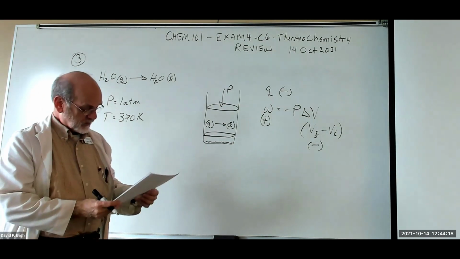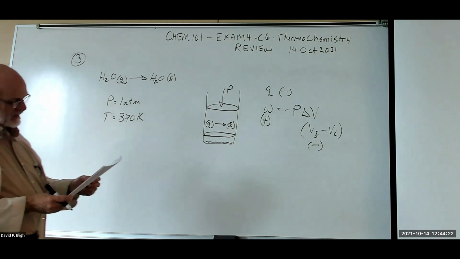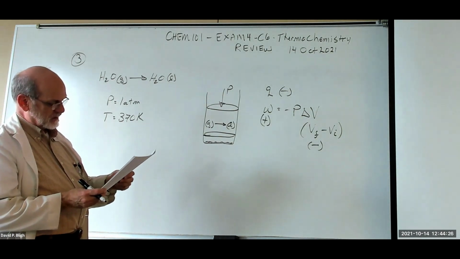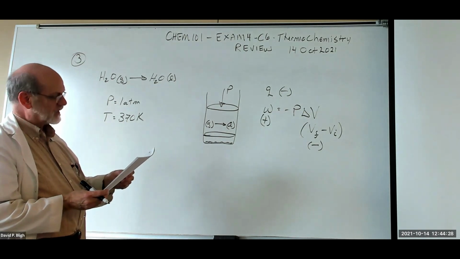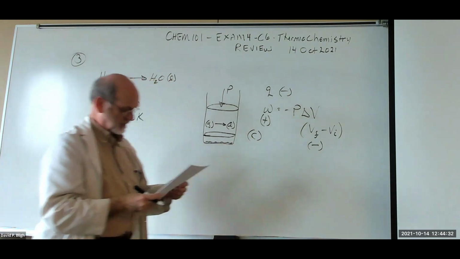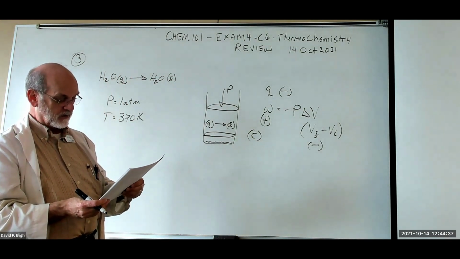All right, so let's look at our choices here. A says Q and W are negative. That can't be. Q is positive. Nope. C, Q is negative, and W is positive. So C does answer the question. D, no, Q and W positive. Q and W are both zero.